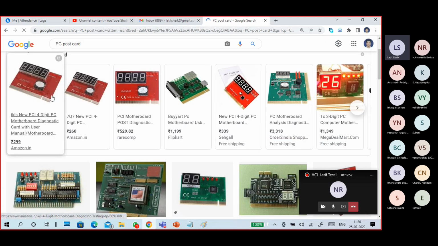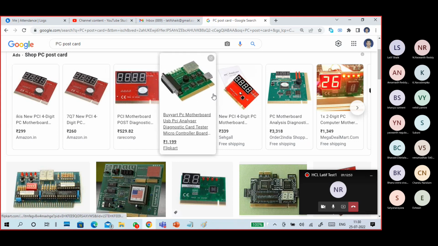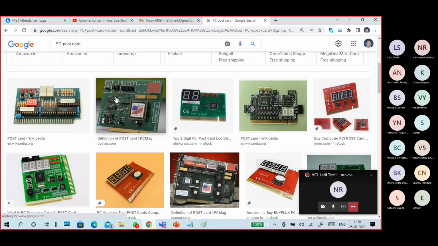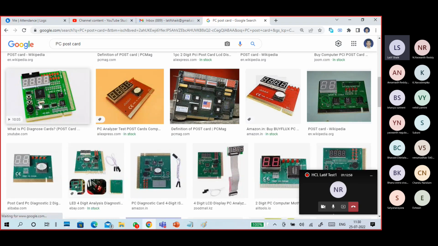Yeah, like this. These are the postcards. Different types of postcards are there, right? See, these are the postcards. Generally, what to do? You have to take this postcard and insert it into the PC's slot. Insert it inside the PC, and then start your computer.